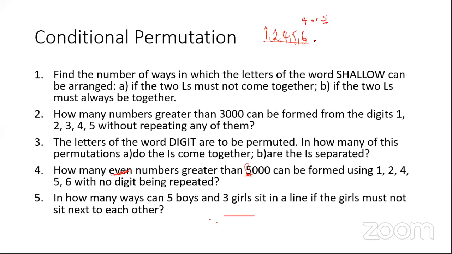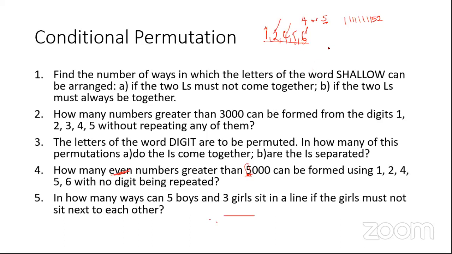It must also be even. Even if all of the other digits are 1, once the last digit is 0 or 2, it is an even number. So in this case, 6 can end, 4 can end, 2 can end.